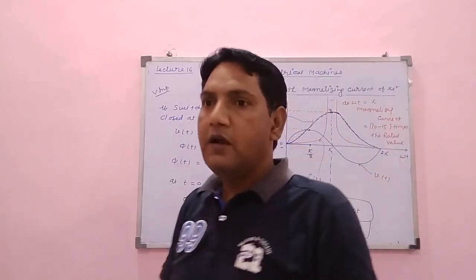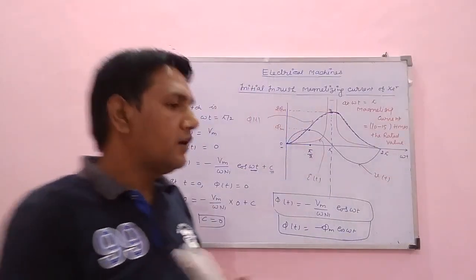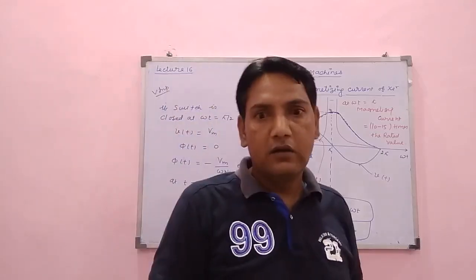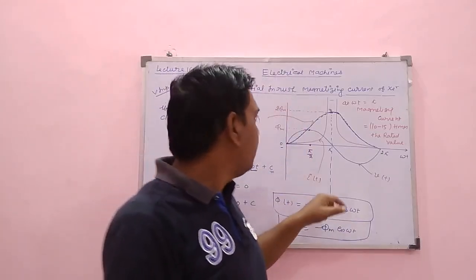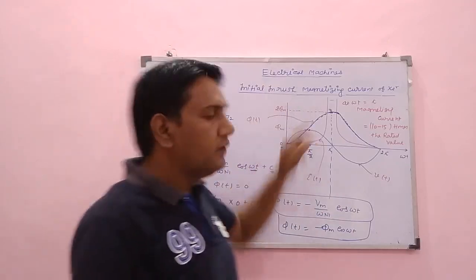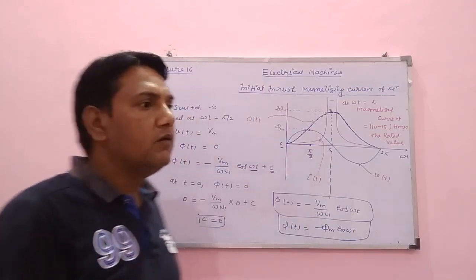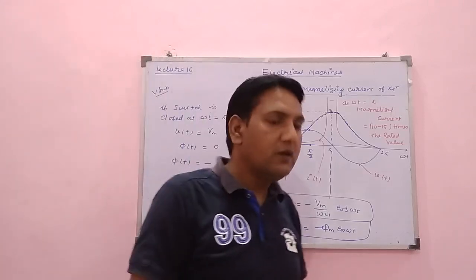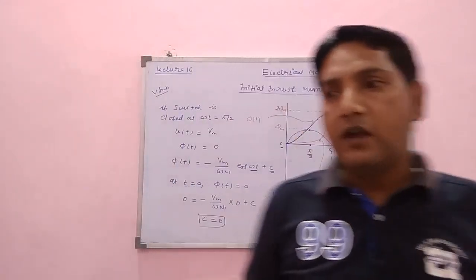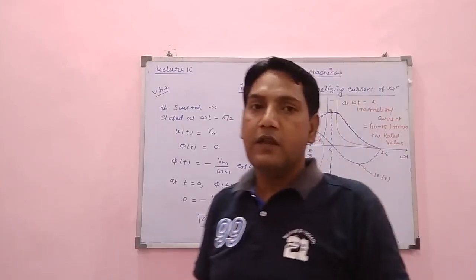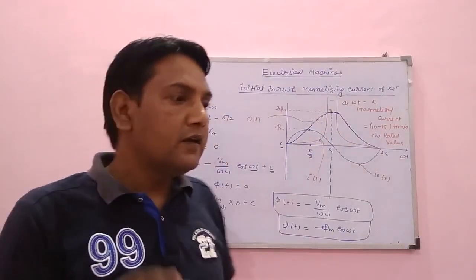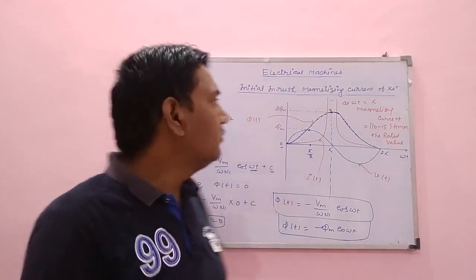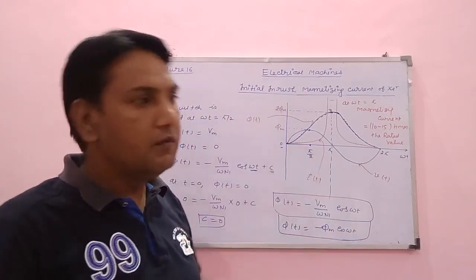So keep in mind, whenever we have to start or connect a transformer, we have to close the switch at omega t is equal to pi by 2, not at 0. It is a very important question. Many times it is asked in GATE and ESE examinations that for minimizing the initial inrush current the switch is closed at, so we close the switch at omega t is equal to pi by 2.